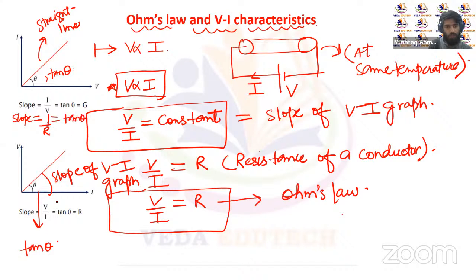And similarly for VI characteristics, the slope, tan of theta, will be equal to V upon I, that's equal to R. So the slope of IV characteristics gives us the reciprocal of the resistance, and the slope of VI characteristics gives us the resistance. That's the conclusion from the two characteristics here.